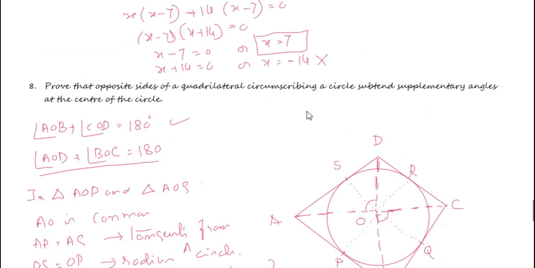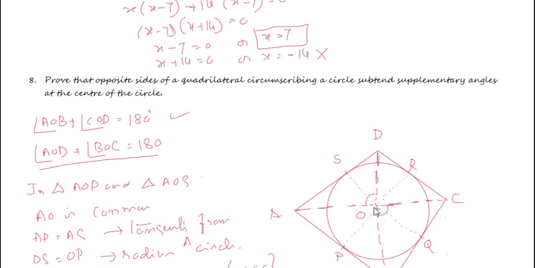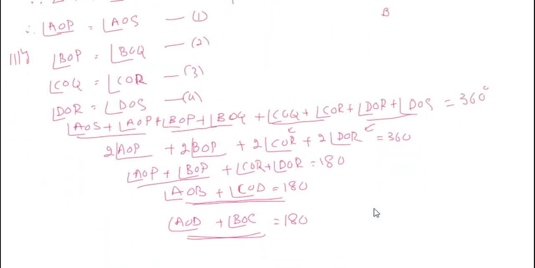So in this quadrilateral, where the quadrilateral circumscribes the circle, the opposite sides of the quadrilateral subtend supplementary angles at the center of the circle. This is the last problem and we are done with this chapter.